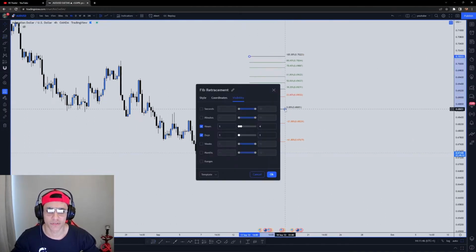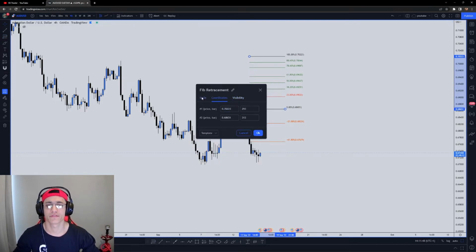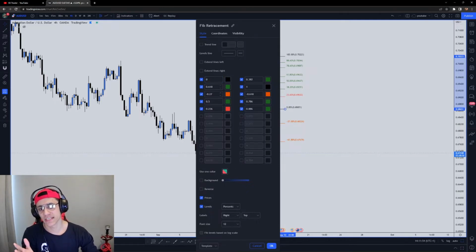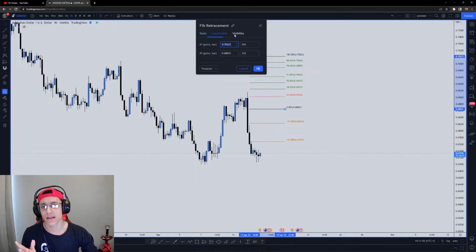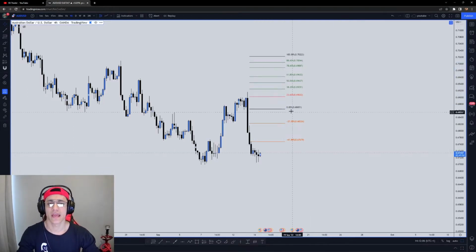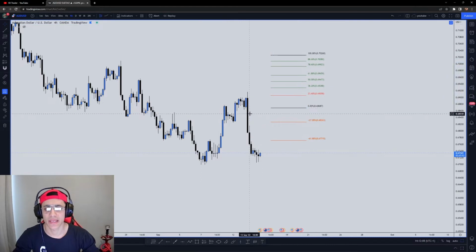I will put my Fibonacci here, and feel free to pause, copy these settings, take a screenshot. These are the only settings that I use personally, and I feel like you don't really need anything more than that, honestly. So this is what I have. Let me just explain it quickly.